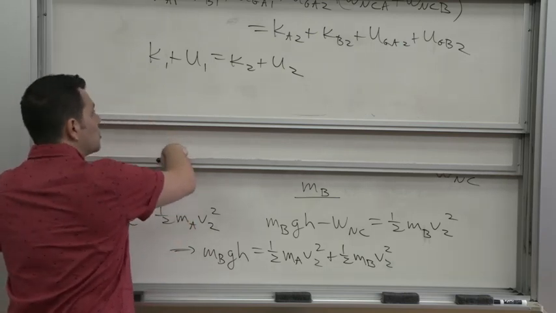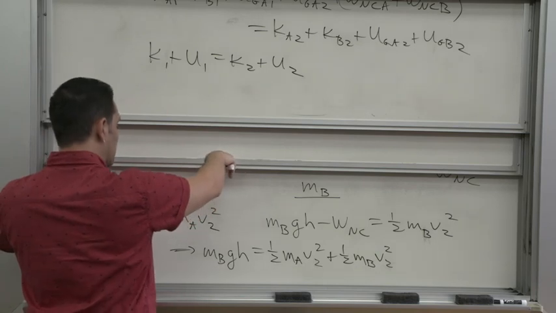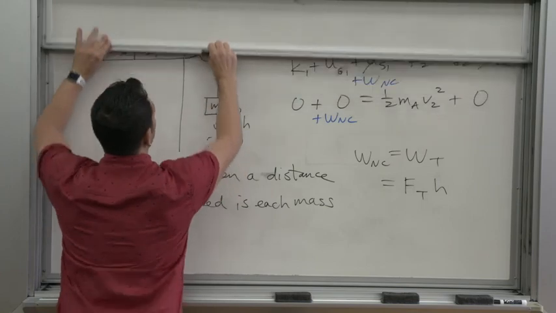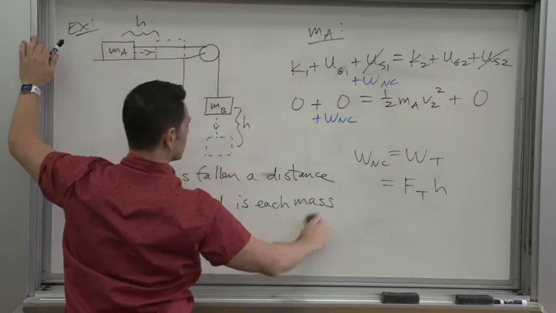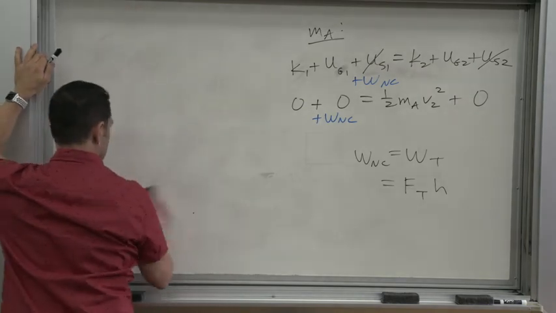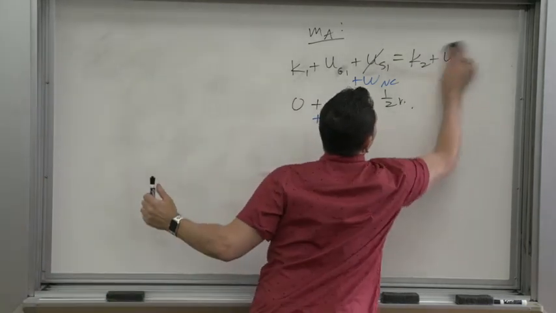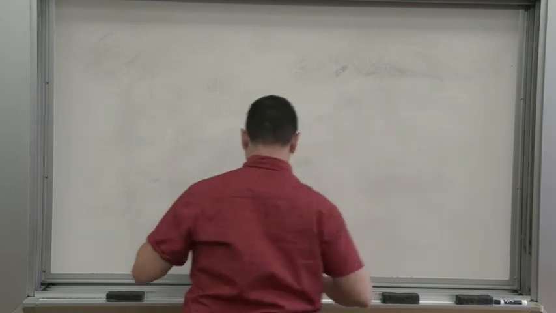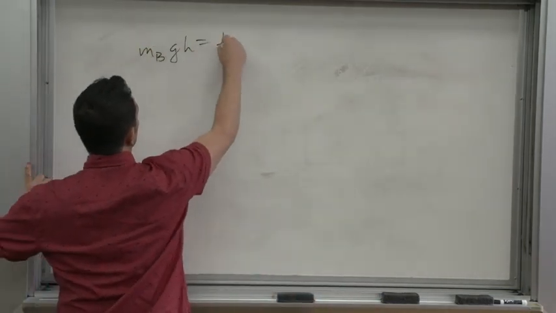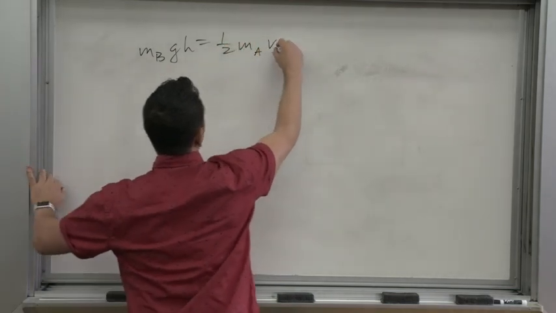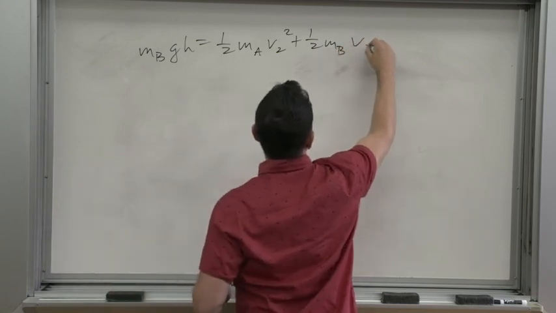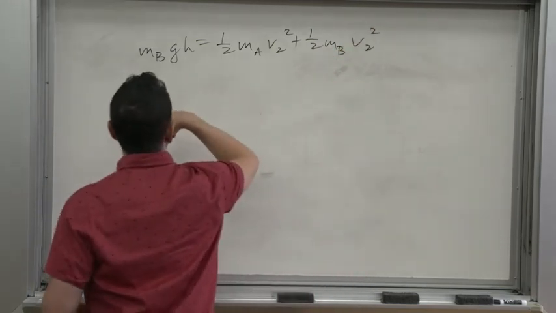All right, so MBGH is equal to 1/2 MA V2 squared plus 1/2 MB V2 squared.